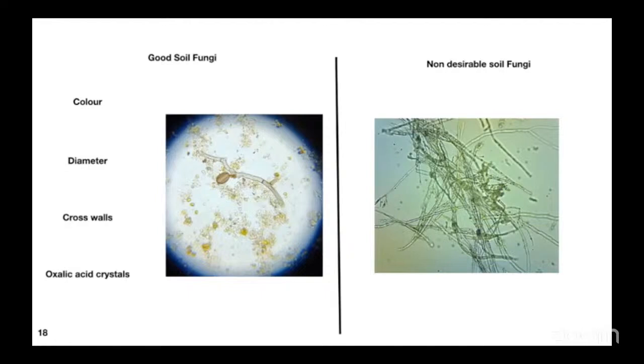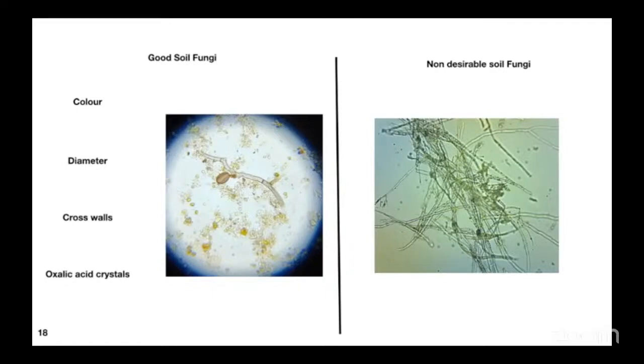On the left side there, you can see the non-desirable soil fungi. Typically they are colorless under the microscope. Their diameter is quite narrow in comparison to good fungi, approximately 1.5 to 2.5 microns wide, or up to 3.5 in some cases, but typically about 1.5 to 2.5.